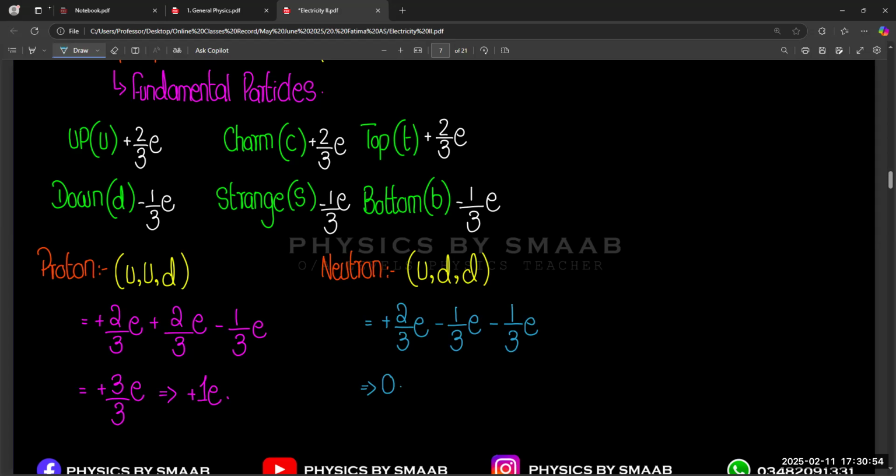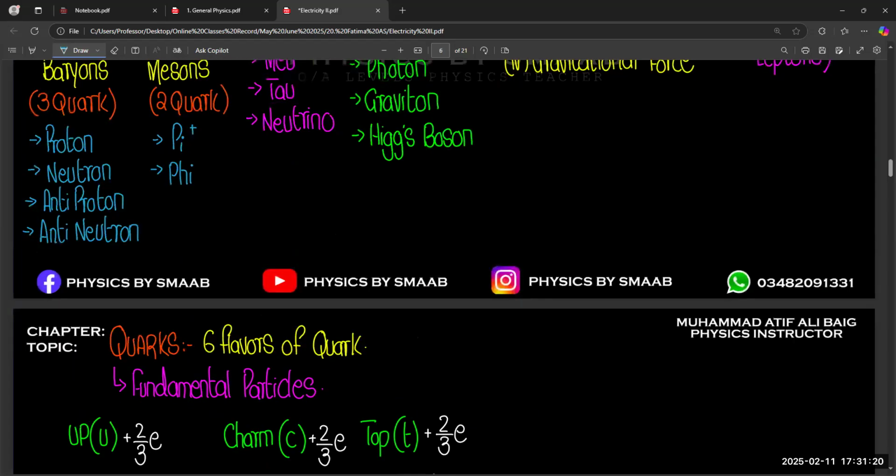So this is the explanation of protons and neutrons, that how we are getting this positive and zero charge, or neutral charge, on the protons and neutrons. In the same way, if we consider the antiparticles, because we also mentioned antiproton and antineutron in the category of baryons with three quark system.